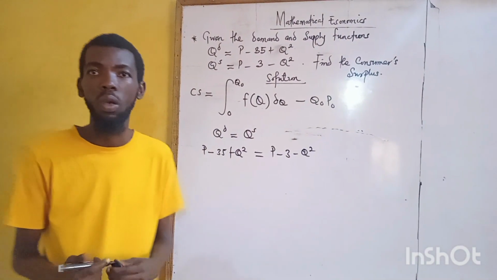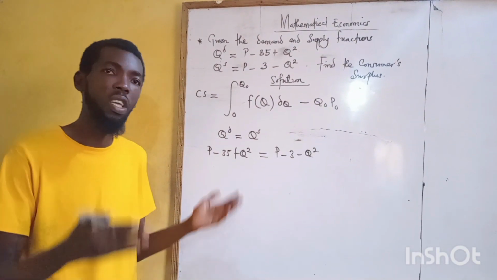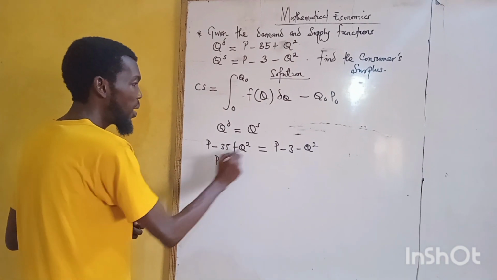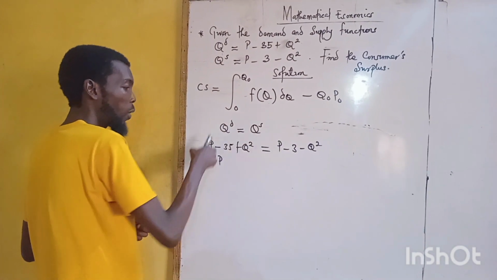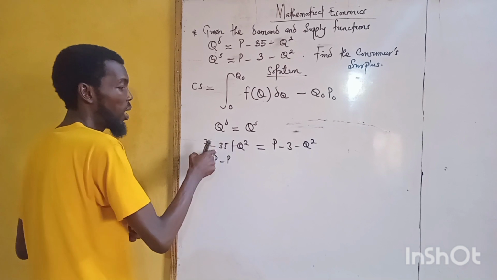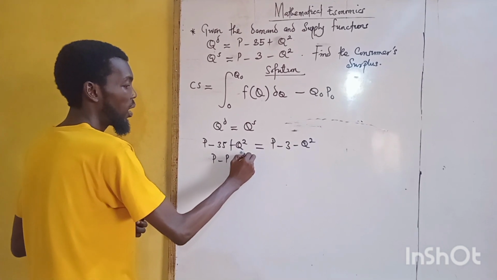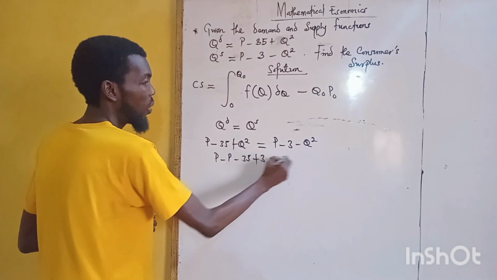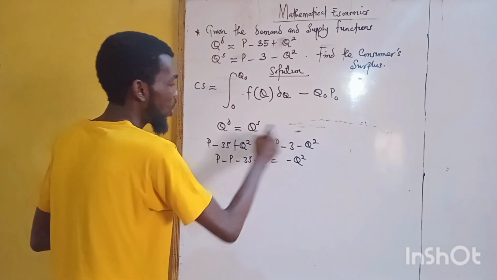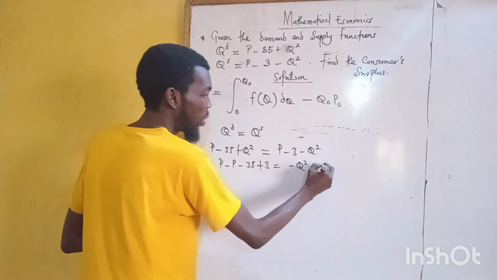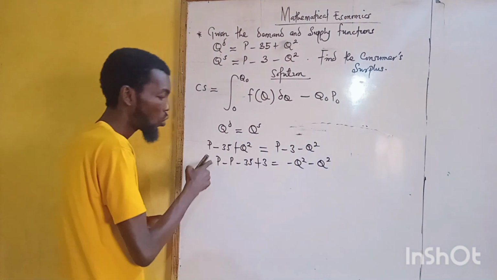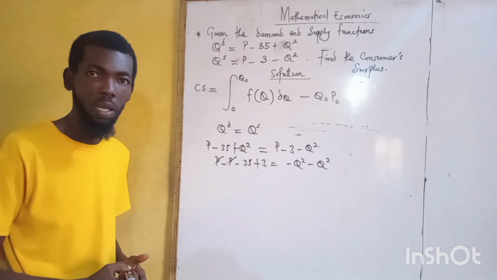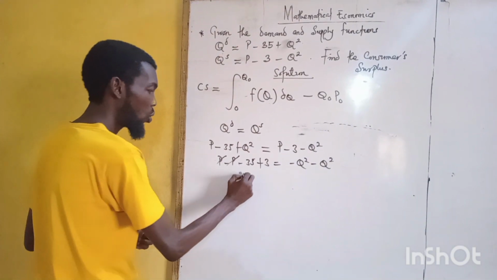Having done this, what next we need to do is to collect the like terms. So P from here to here becomes minus P. This is minus 35. And minus 3 comes here, it becomes plus 3. This is plus Q squared, when it goes there, it becomes minus Q squared. So P minus P cancel out. Minus 35 plus 3 is minus 32.